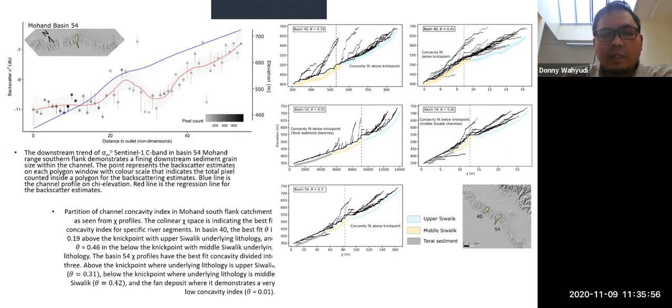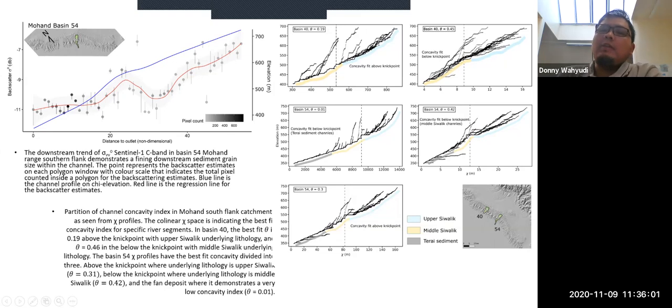So we're also trying to explore the bedrock role in defining the concavity within the southern flank of the Mohan anticline. And it matches actually.